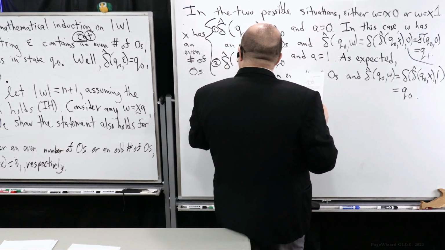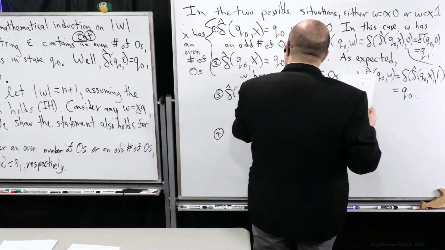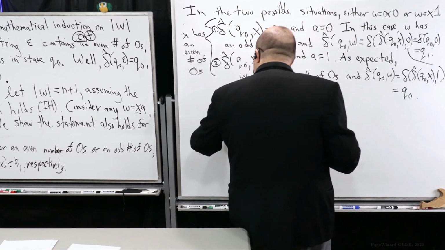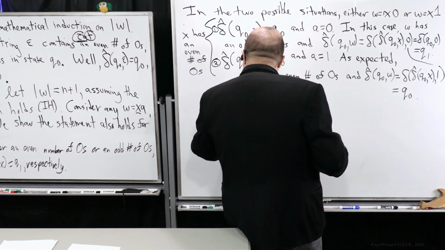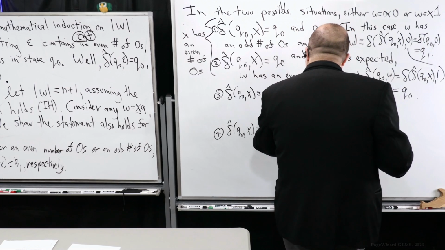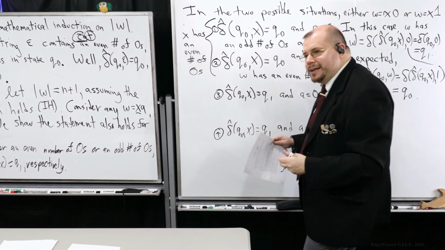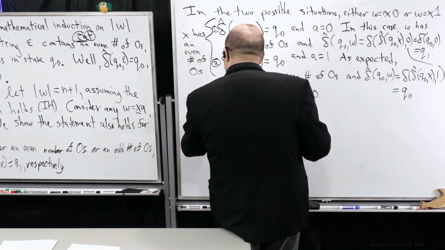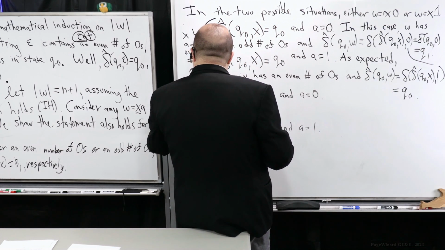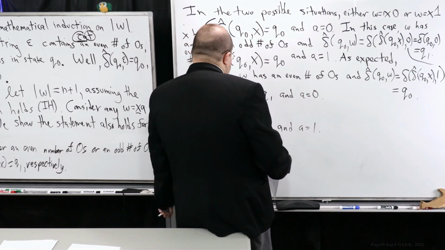This is when delta hat of Q0X is equal to Q1 and A is equal to the symbol 0, and when delta hat of Q0X is equal to Q1 and A is equal to 1. Right? These are all 4 possibilities. We're just breaking it into cases for the induction step. So this is just when X has an odd number of zeros.